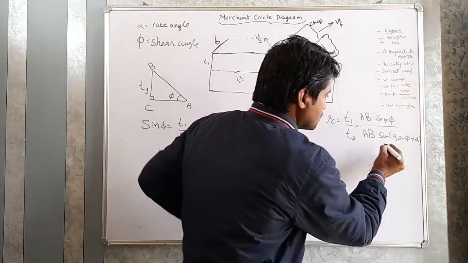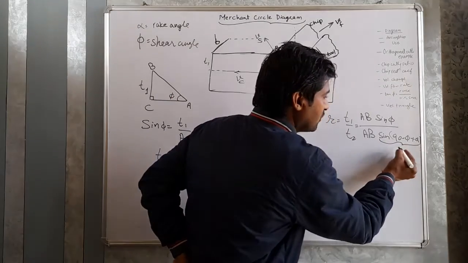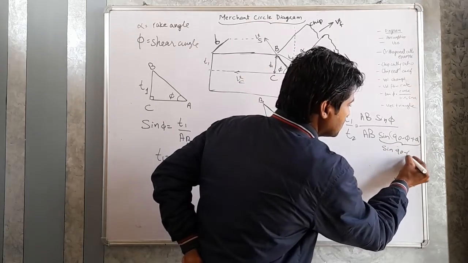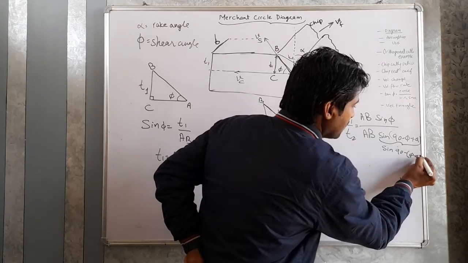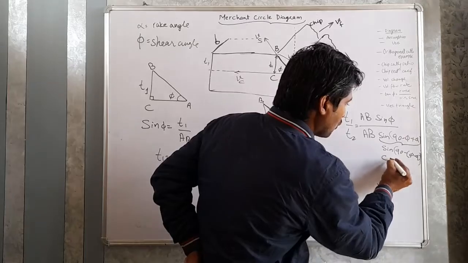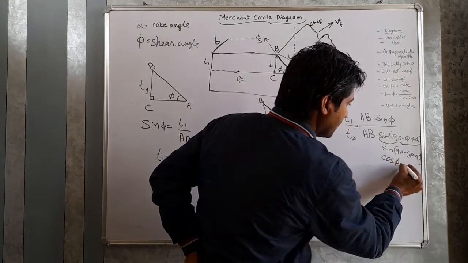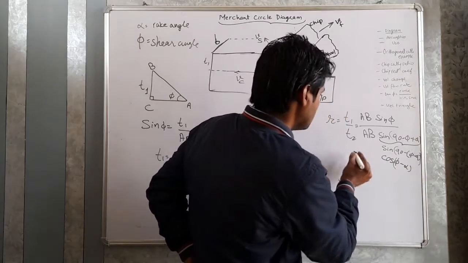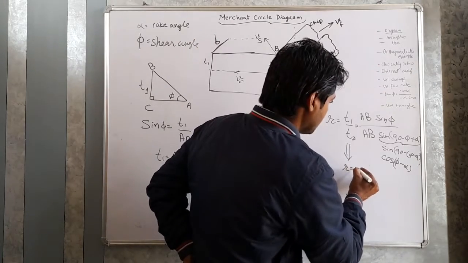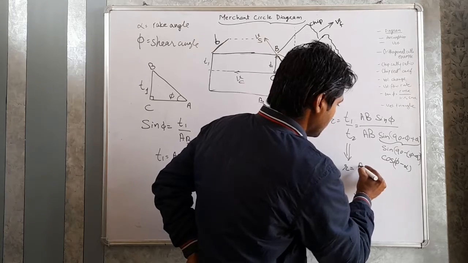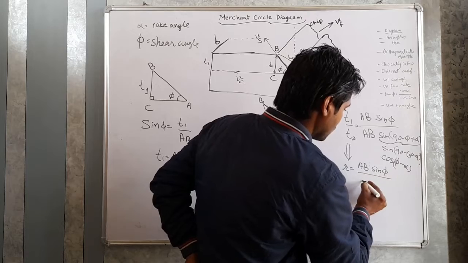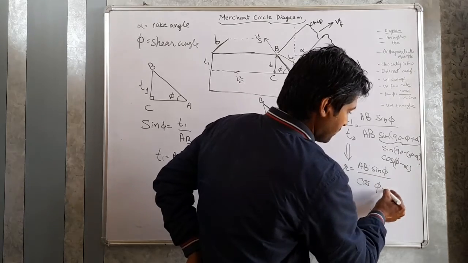So this sine (90 minus phi plus alpha) is equal to sine (90 minus phi minus alpha), and this will equal cos(phi minus alpha). So this will become r is equal to AB sin phi divided by cos(phi minus alpha).